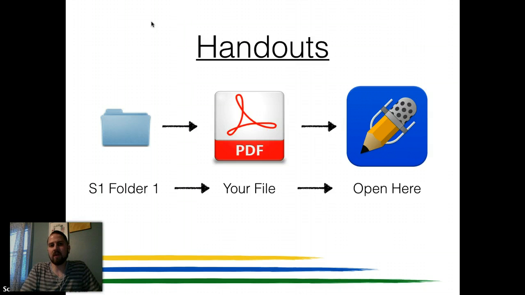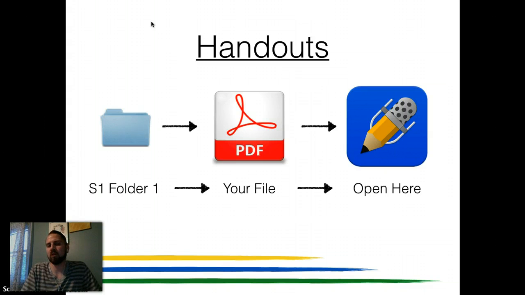So they'll go in there and open that PDF, and on the iPad there'll be an option to open in, and we always open it in Notability. That's where we do all our work. And then I'll show you again in a later video how they hand that in.